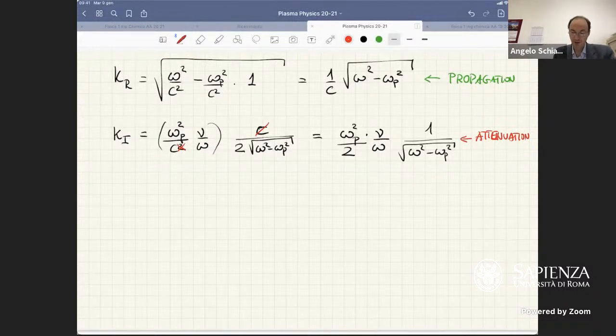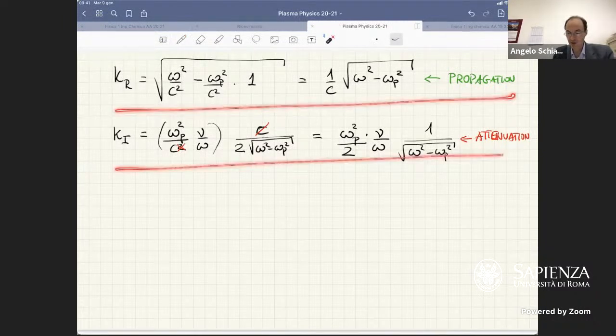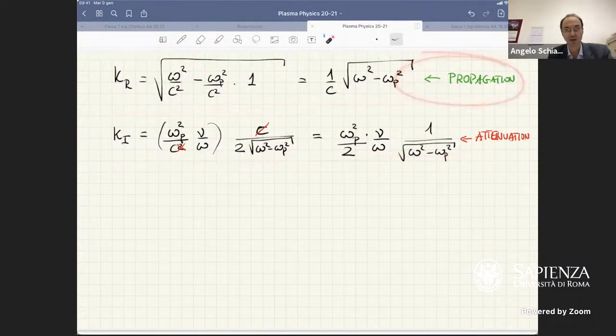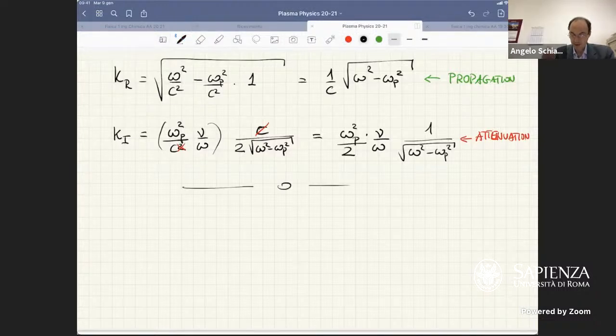So we'll discuss the two separately, starting with the propagation properties. Let's study the propagation.